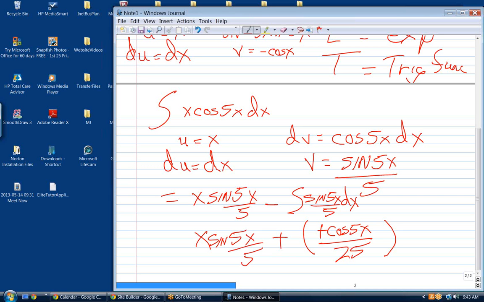But that's pretty much the same as the one we did. I'd like to show you a different one to illustrate integration by parts.